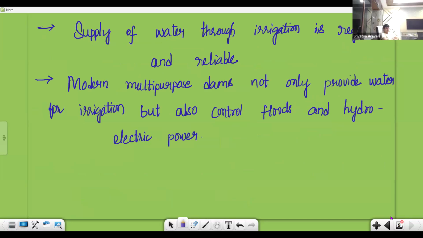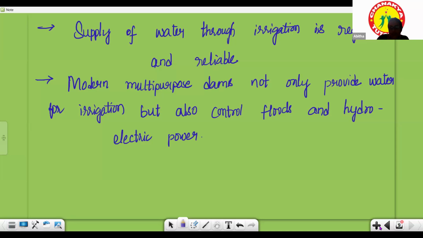Modern multi-purpose dams not only provide water for irrigation but also control floods and generate hydroelectric power. So these are certain advantages of irrigation.